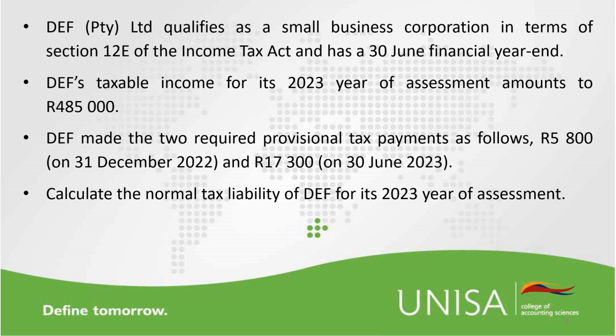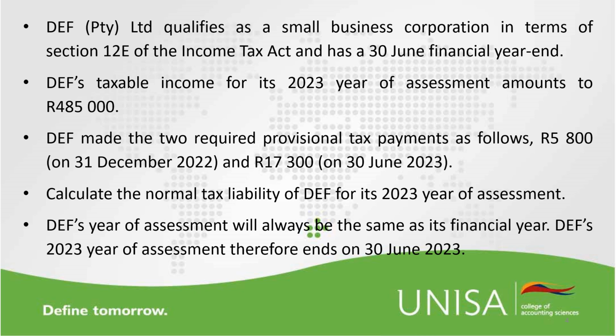We will now look at how to calculate the normal tax liability of DEF for its 2023 year of assessment. Because DEF is a company, its year of assessment will always be the same as its financial year. DEF's 2023 year of assessment therefore ends on 30 June 2023.